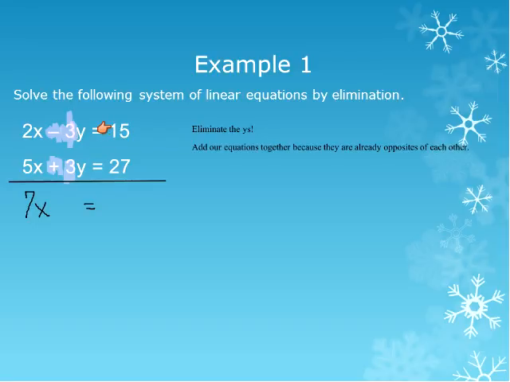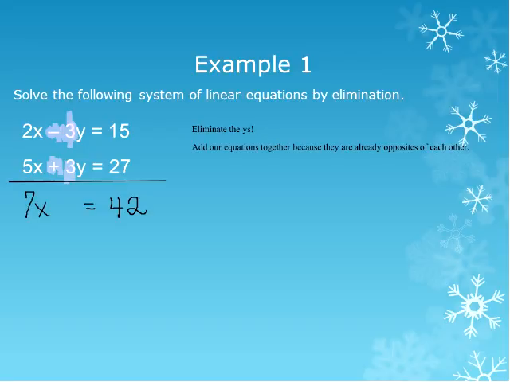Okay. And then what is 15 plus 27? A 42. Okay, good. And it is okay to use your calculators here when you're adding because some of the numbers are going to get a little large. So it's always good to verify with a calculator.